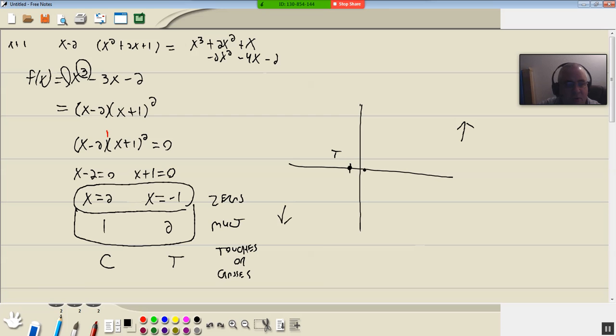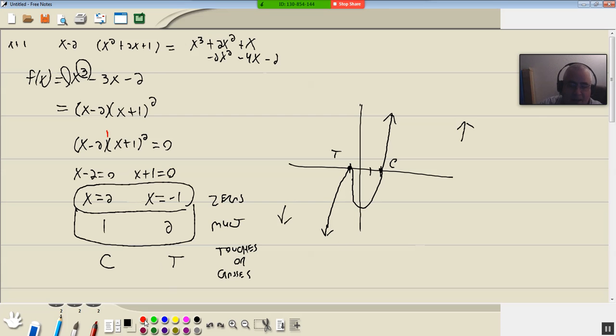We know at 2, it's going to cross. And since I know it's down to the left, up to the right, then I know my graph's going to look like this. It'll come up, touch at a point, turn around, come back down. Now at some point, it'll turn around because it has to come back up here to cross. And that's more or less what our graph will look like.